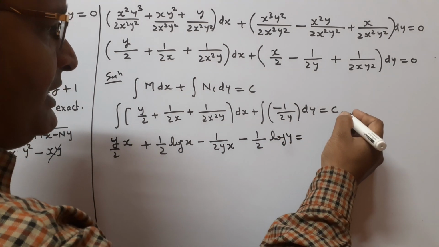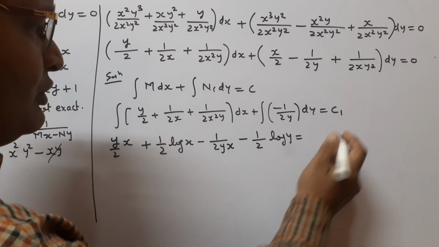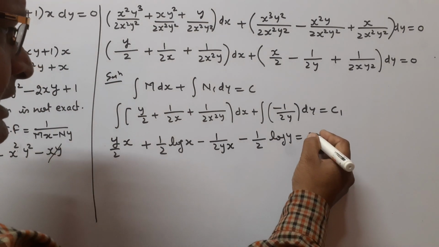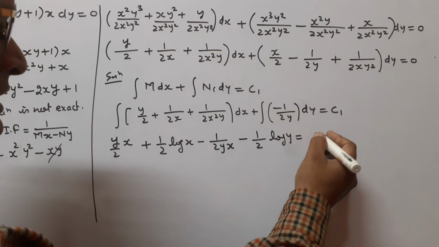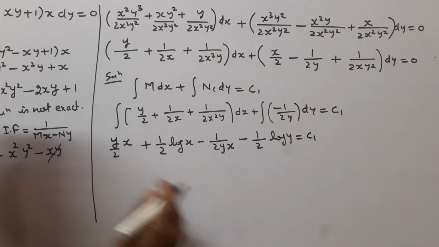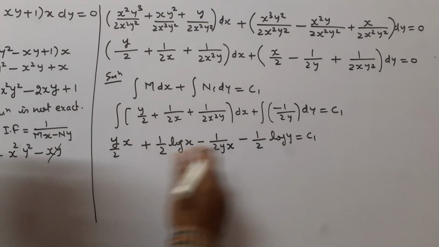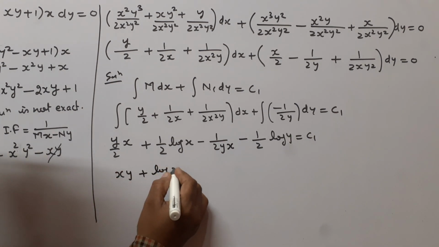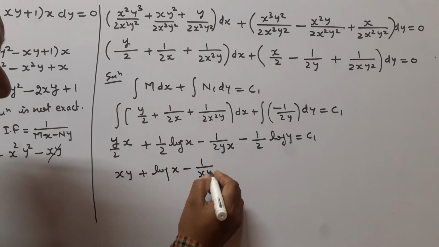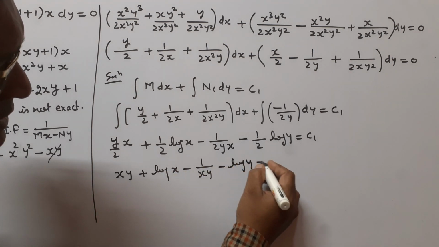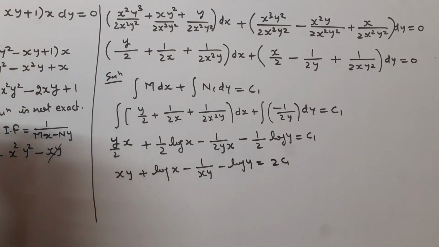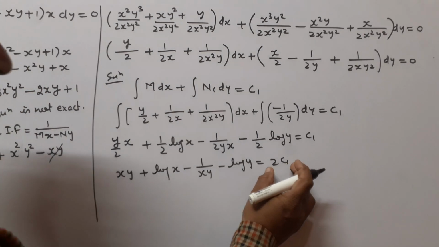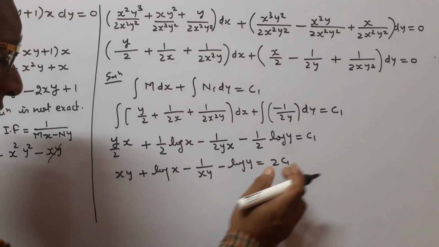Here we take the constant c as c1. Now we multiply the whole equation by 2, so we get xy plus log x minus 1 upon xy minus log y is equal to 2c1, and c1 is constant, 2 is constant, so the product of 2 and c1 is also constant, that is c.